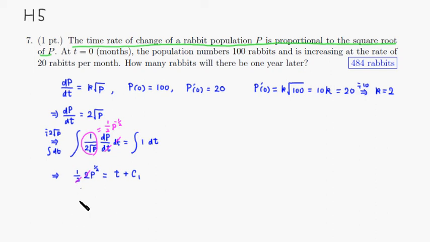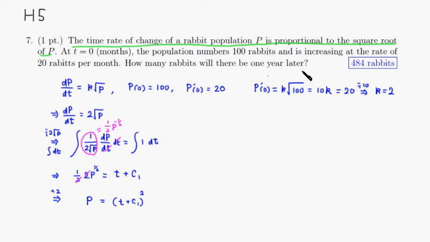Then we want the population P, so we can just square both sides to isolate P, which is going to be the quantity t plus C1, squared. We can find C1 by using the initial condition.